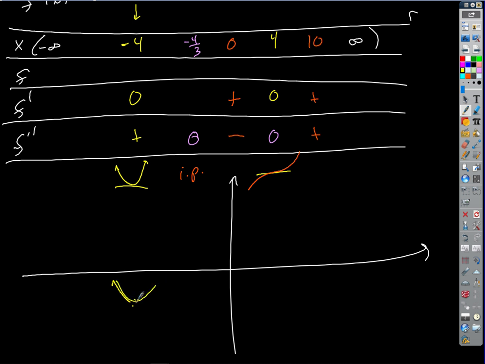Something like that, right? We have a point of inflection over here, and we have a point of inflection right here. Okay, so we're going to have to change concavity there and change concavity there. So it's going to do something like that. Does that make sense? That's our look.